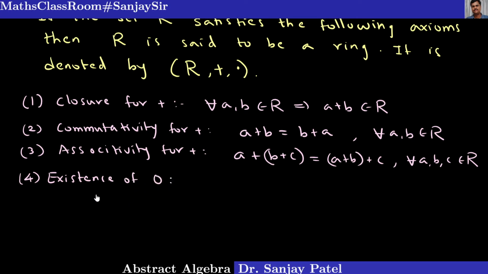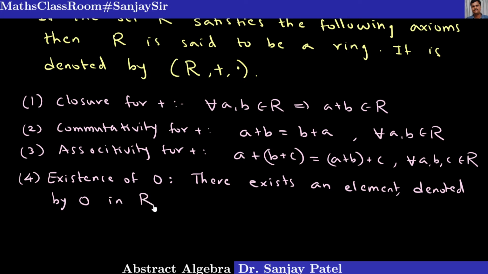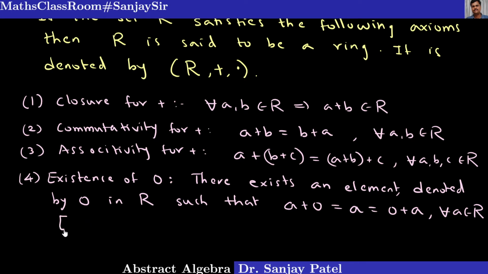There exists an element denoted by 0 in R such that a plus 0 is equal to a is equal to 0 plus a for every a belongs to R. And this 0 is called zero element.